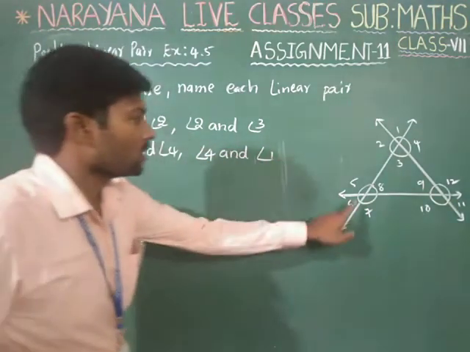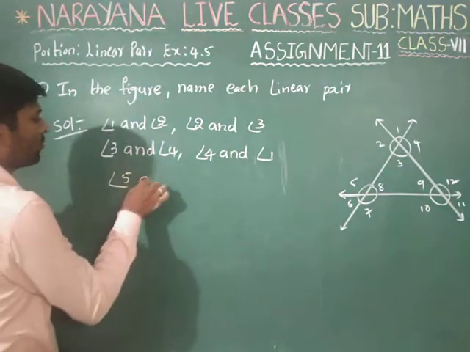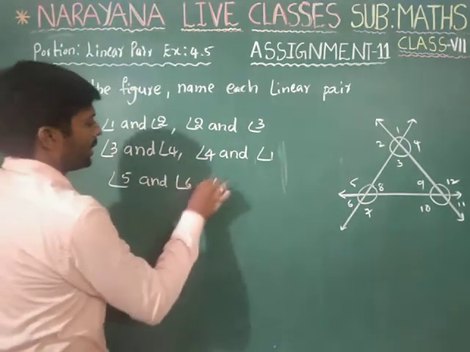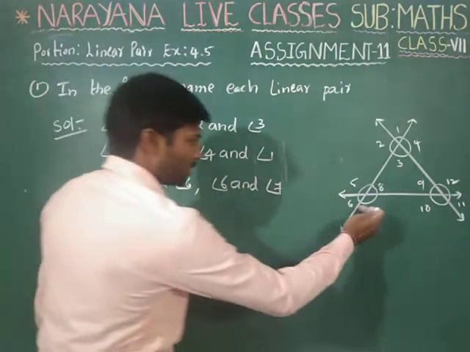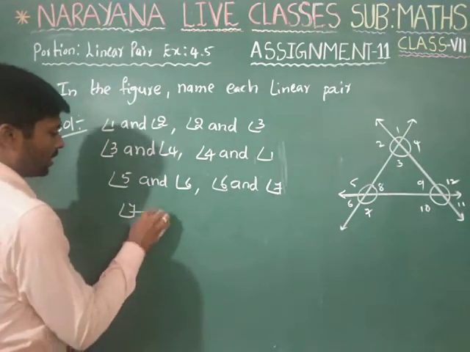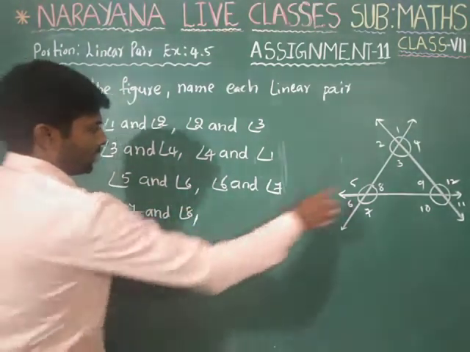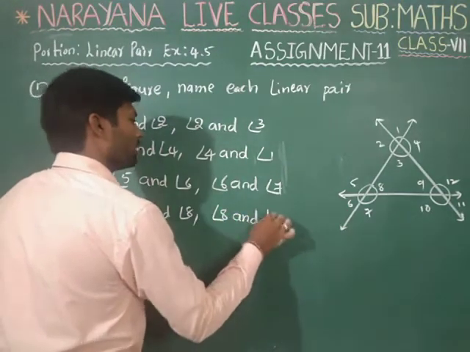The next ones, angle 5 and 6, and angle 6 and 7 can form a linear pair. Similarly, angle 7 and 8, and angle 8 and 5 can form a linear pair.